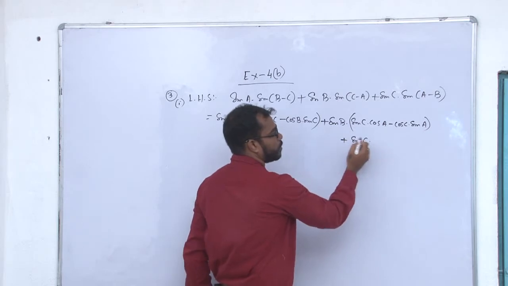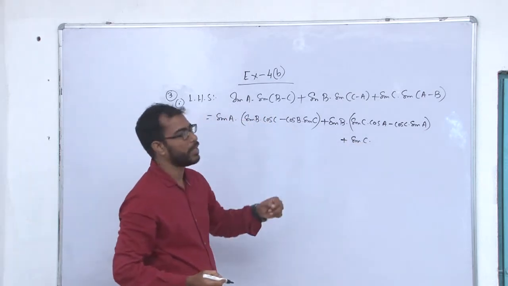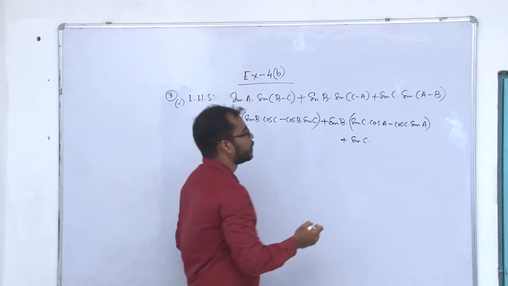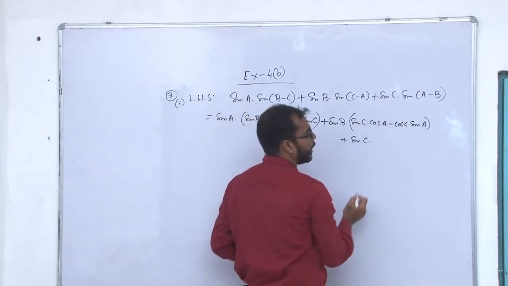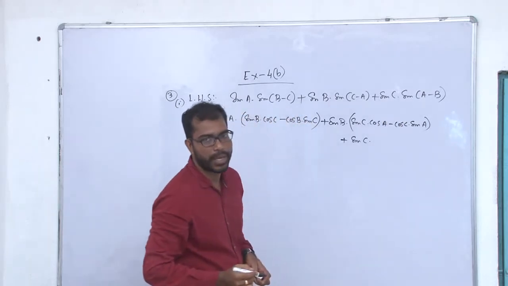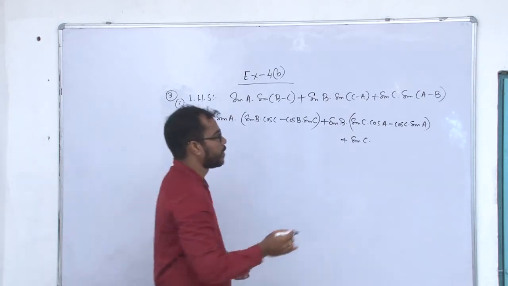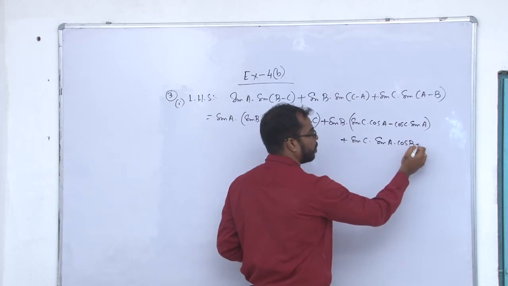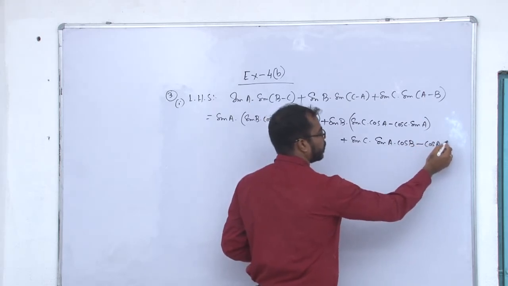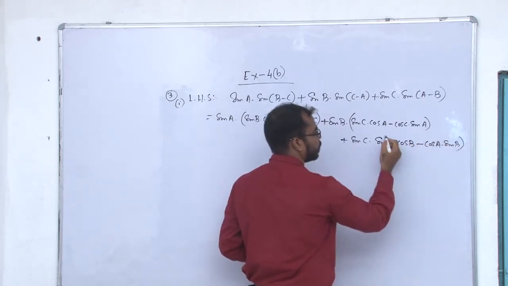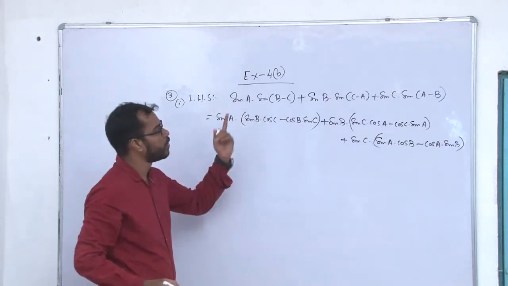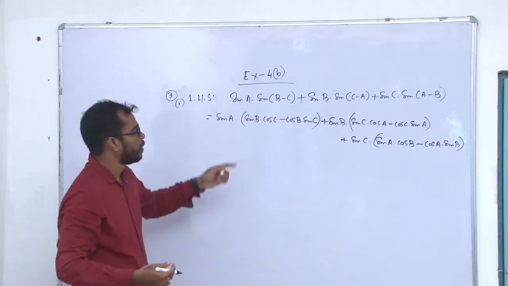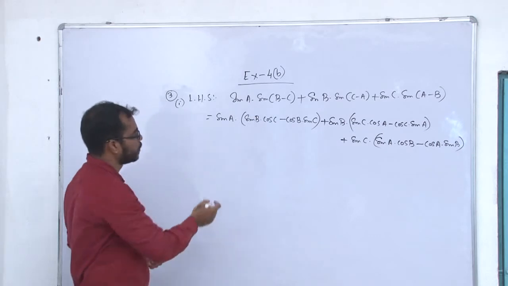Plus sin C times, similarly you can express the third term, that is sin(A minus B). The formula of sin(A minus B) is equal to sin A cos B minus cos A sin B. So first we have used the formula on each term.